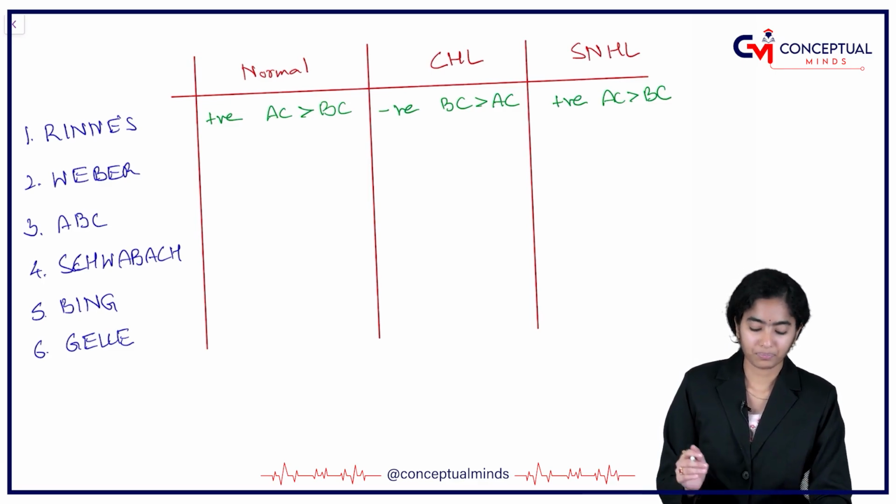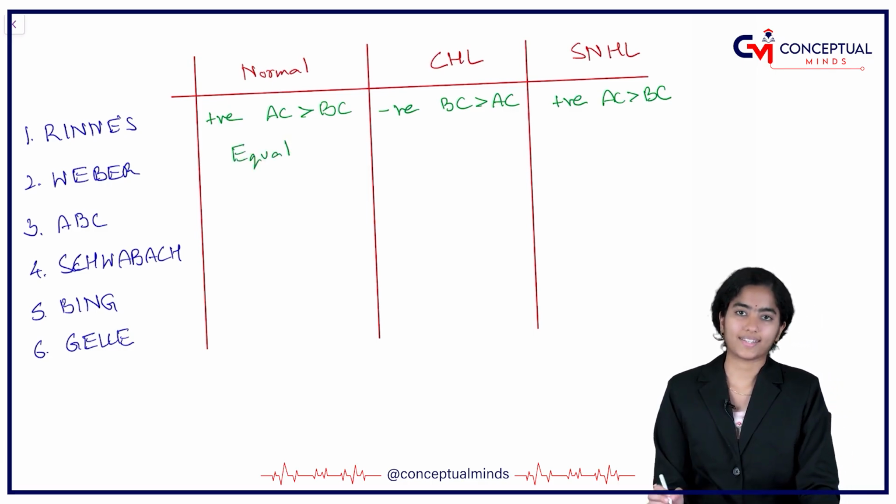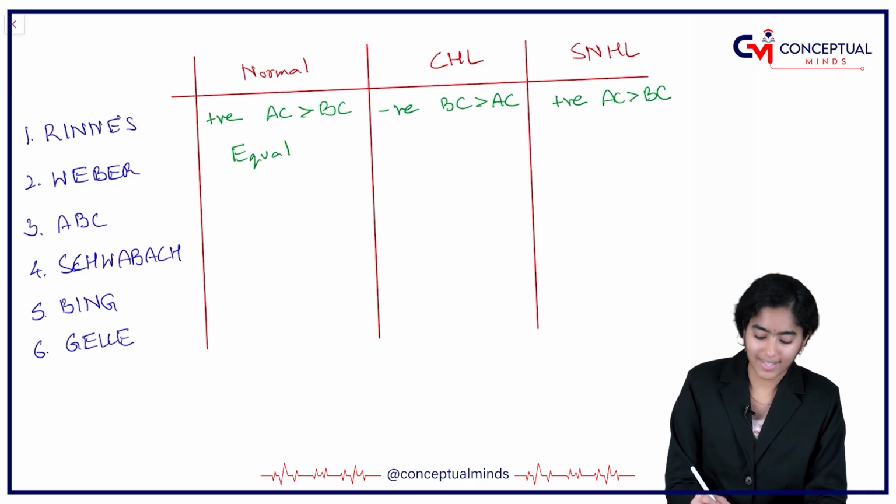In Weber, when performed on a normal person, there is equal hearing on both sides. In a patient with conductive hearing loss, it is lateralized to the same side.